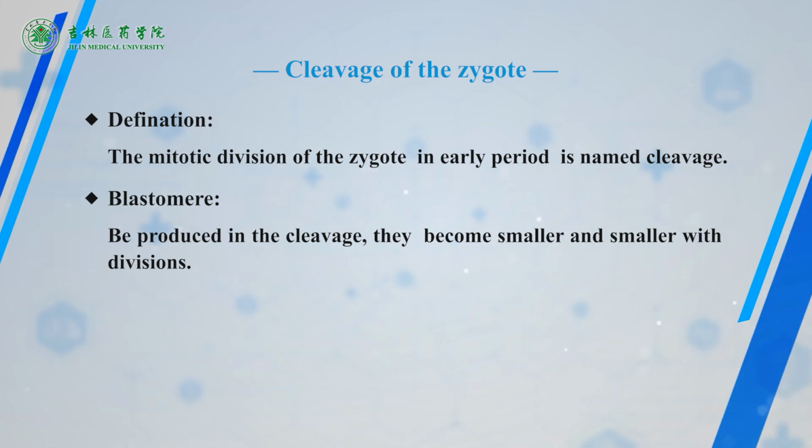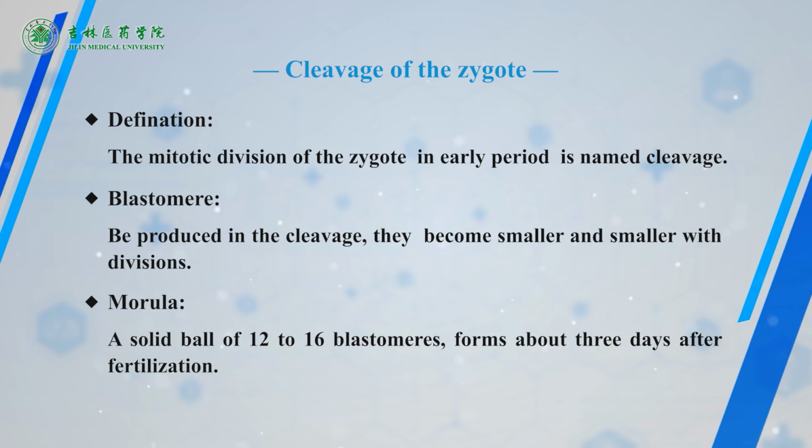So, with the increase of the number of cells, the cell volume gradually becomes smaller. This special mitotic process of a fertilized ovum is called cleavage. And the daughter cells produced by cleavage are called blastomere.